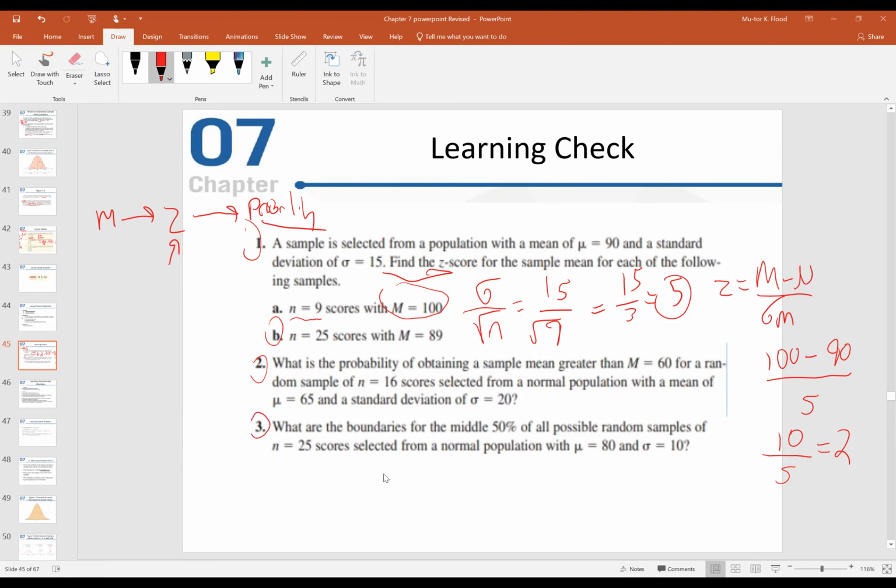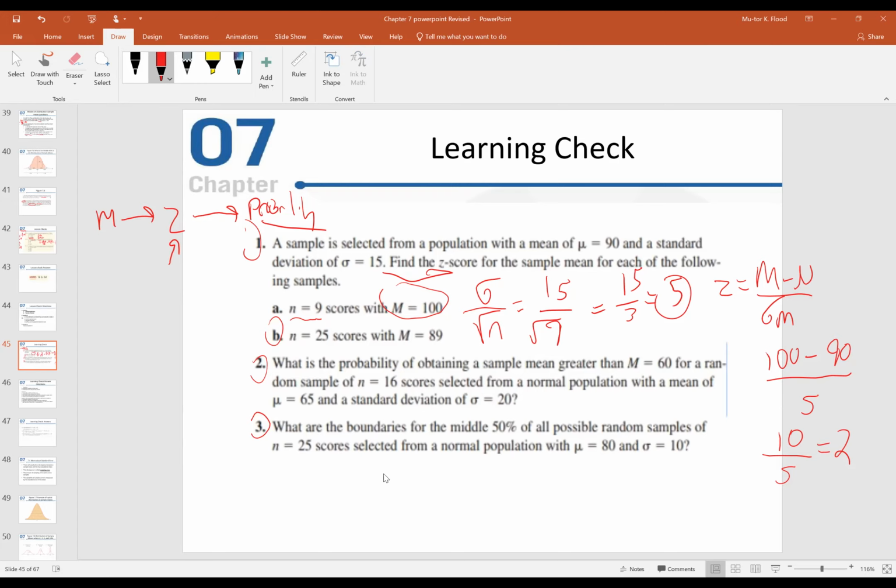So I am going to do number 3. What are the boundaries for the middle 50% of all possible random samples with a sample size of 25 scores selected from a normal population with a population mean of 80 and a population standard deviation of 10?